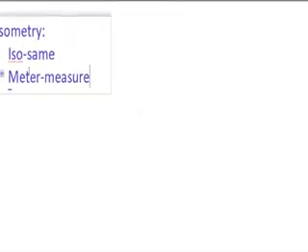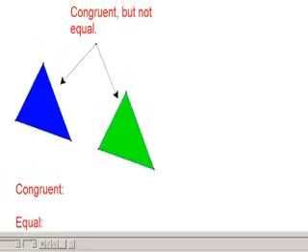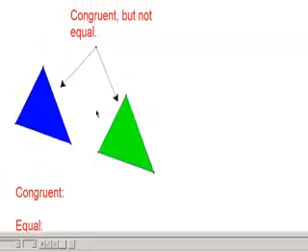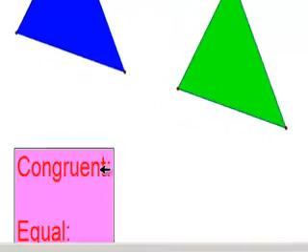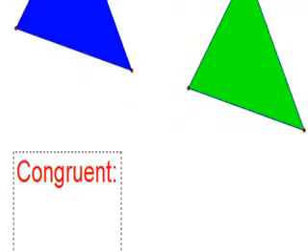Okay, and now I want to talk about these two words here, congruent and equal. Now, these two triangles, the blue one here and the green one here, are congruent to each other, but they are not equal to each other. So the difference is that congruent means when two figures have the same size and shape.